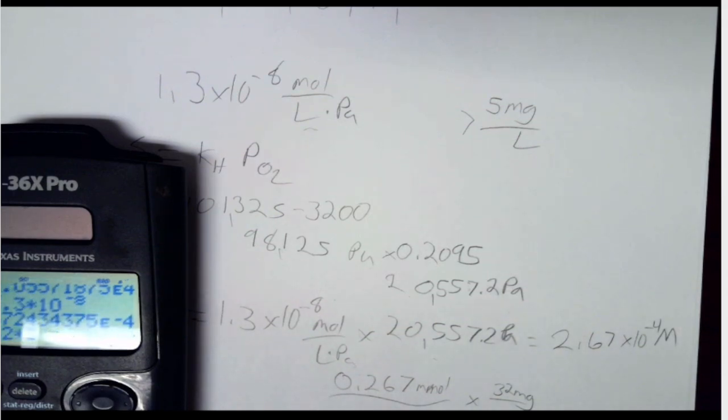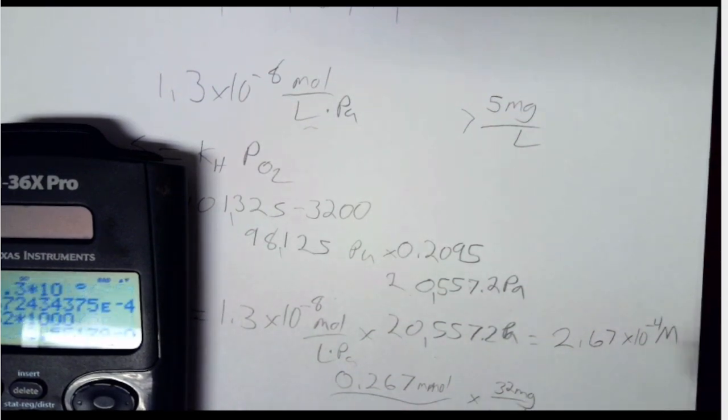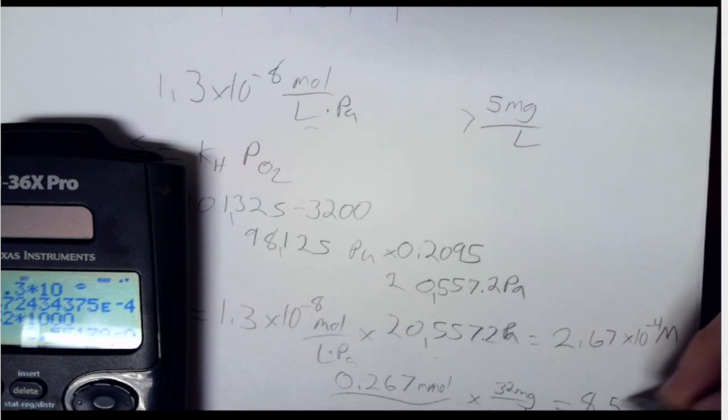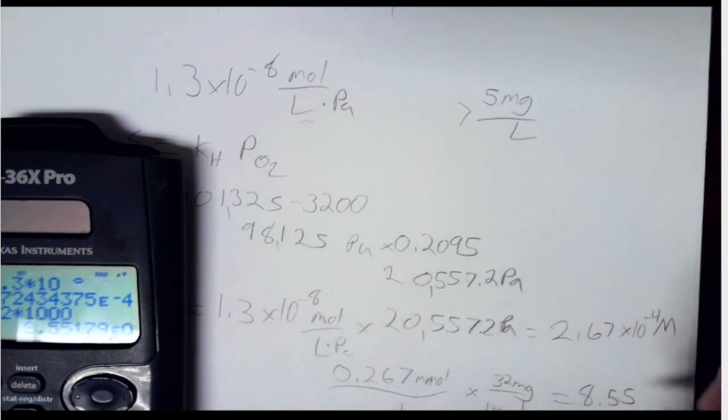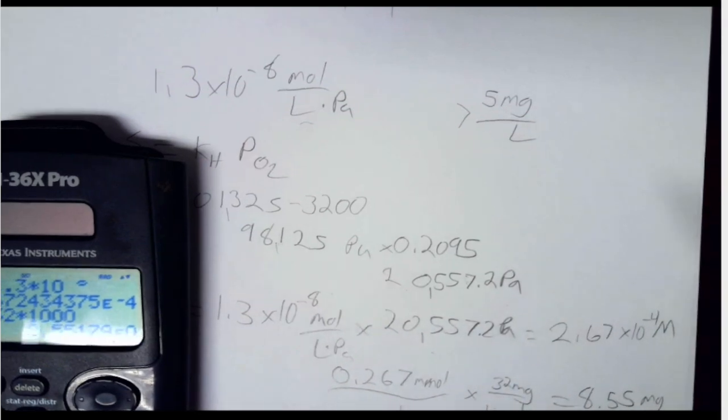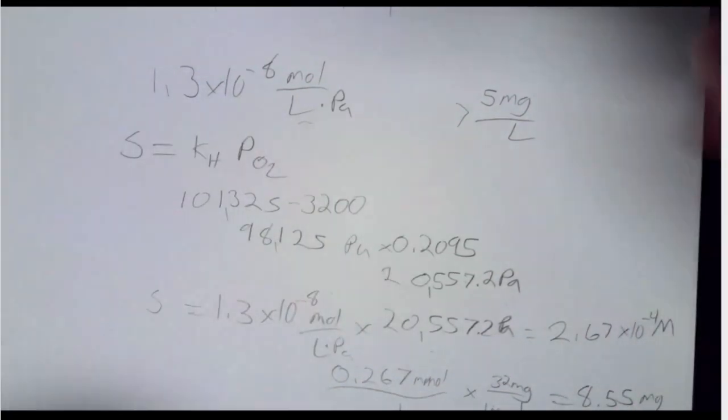Times 32 times 1,000, the solubility of oxygen is something like 8.55 milligrams per liter. That is the maximum amount of dissolvable oxygen in water.